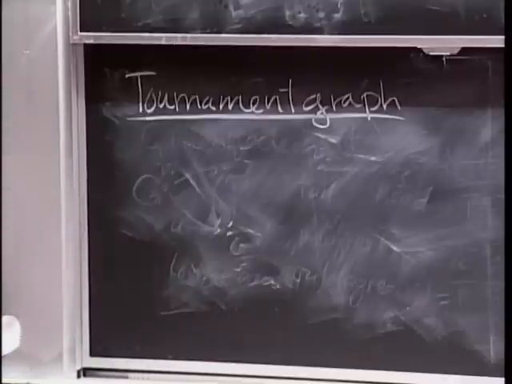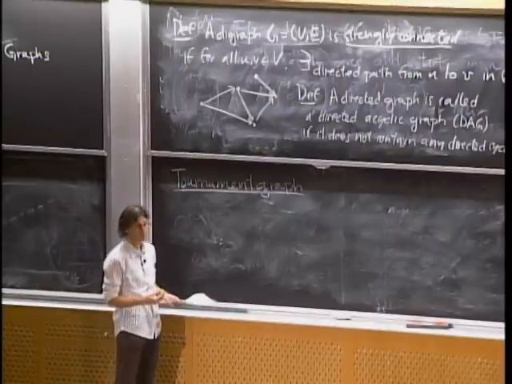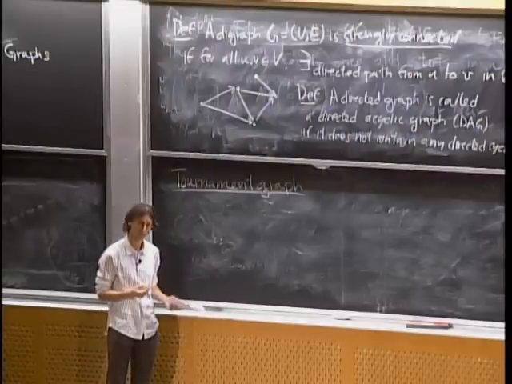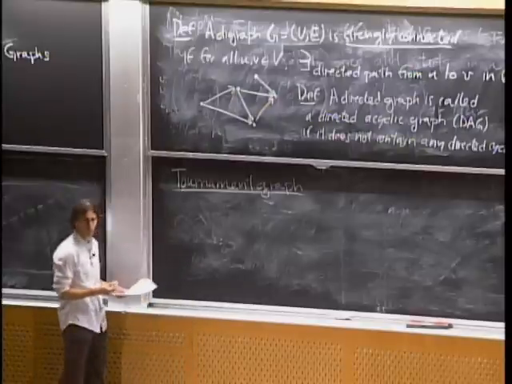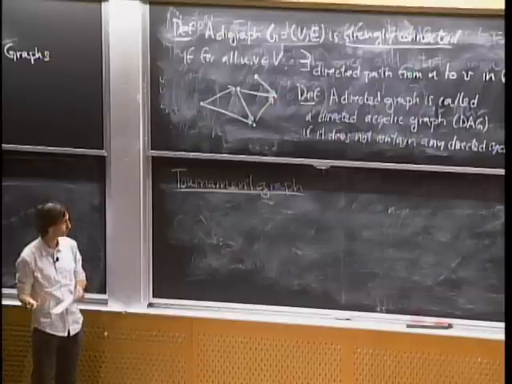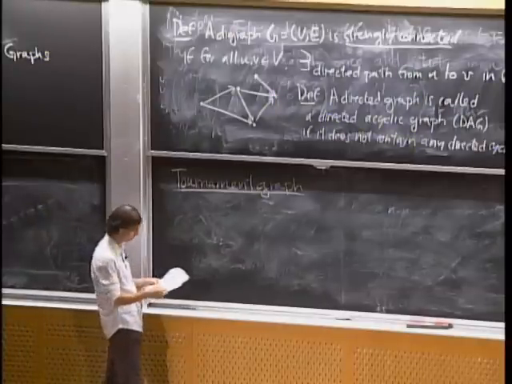In a tournament graph, I have a bunch of vertices, and essentially we want to represent a tournament. Every vertex represents a team, and a team can play against another team and beat them or lose against the other team. We use the directed edges to indicate who is winning against whom. Such graphs have a very special property.